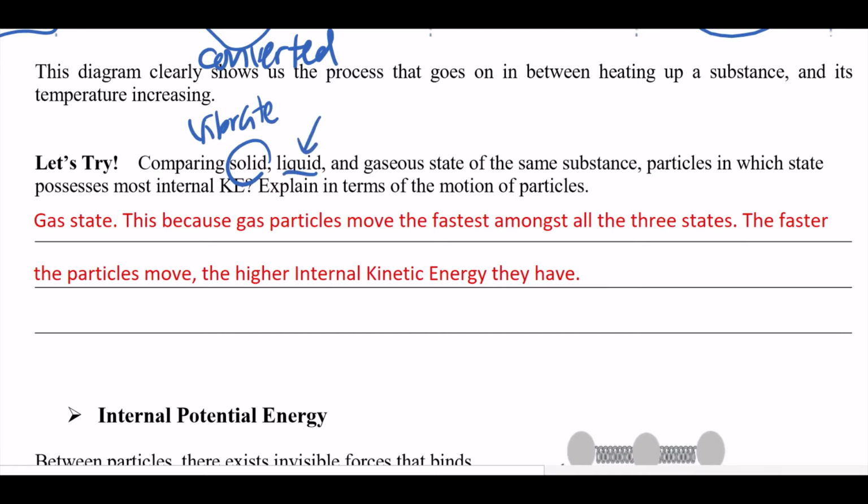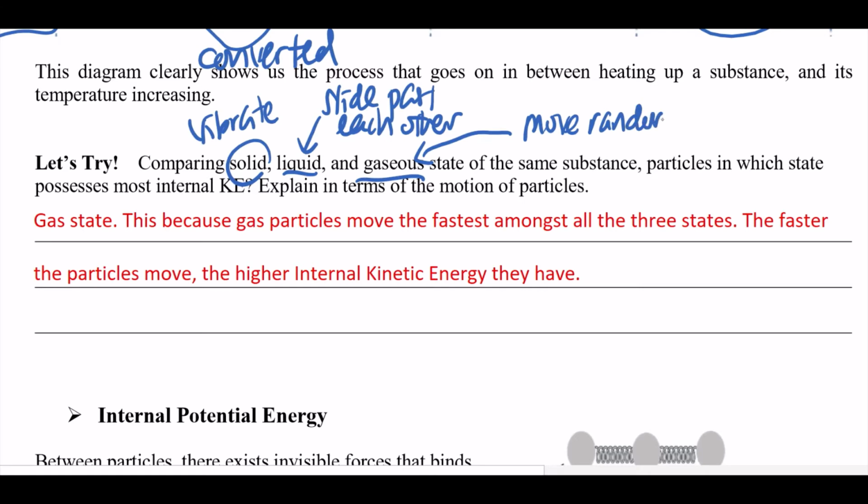For liquid, the particles slide past each other. They are kind of free to move and they slide past each other. And for gaseous state, what happens? They move freely and randomly at high speeds, right?